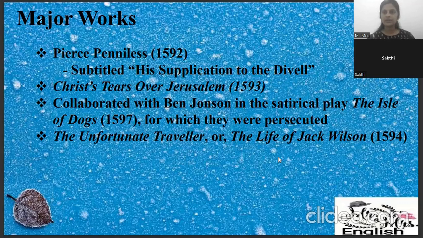Actually, that was a disaster. The Isle of Dogs, in 1597, for which both of them were persecuted. Both of them had to undergo punishments for the content of that play. The content was found offensive by some people, and being the authors of this play, both Ben Jonson and Nash had to undergo the punishments.